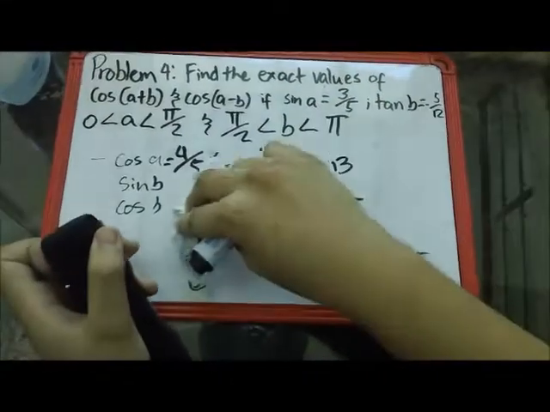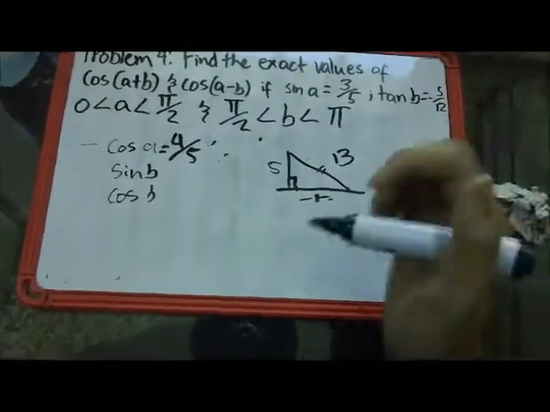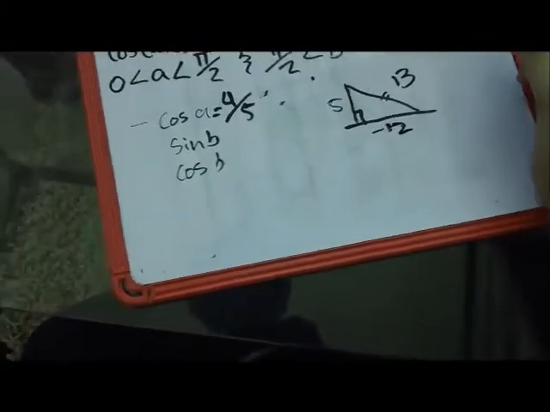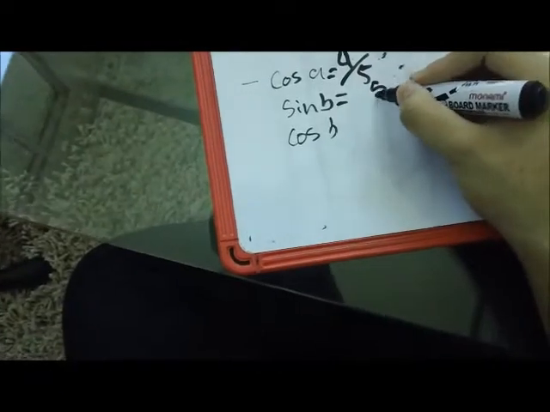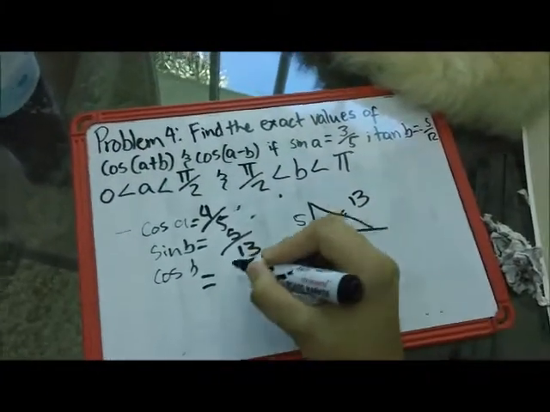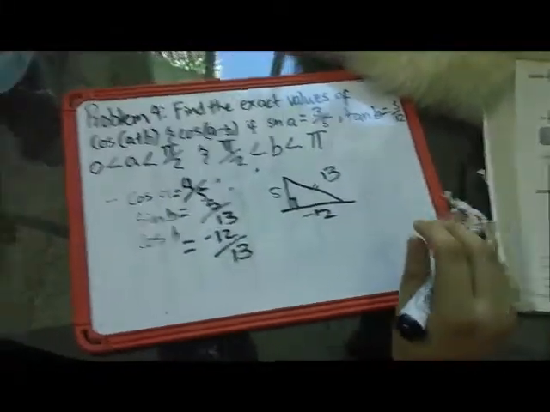So the hypotenuse is just basically 13. And if we use the value of this and what's given in the problem, we can make sine B into 5 over 13, and cosine B is equal to negative 12 over 13.